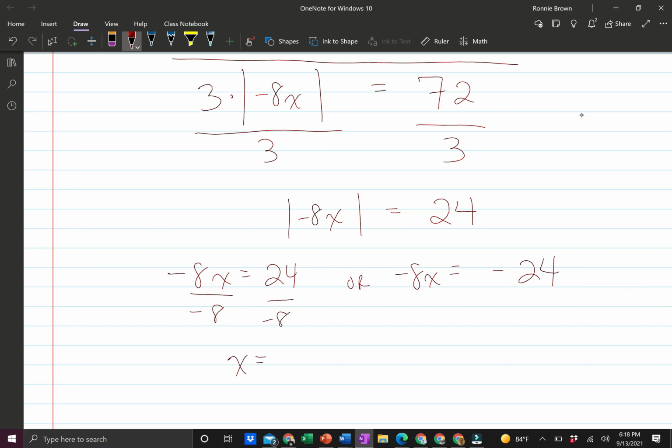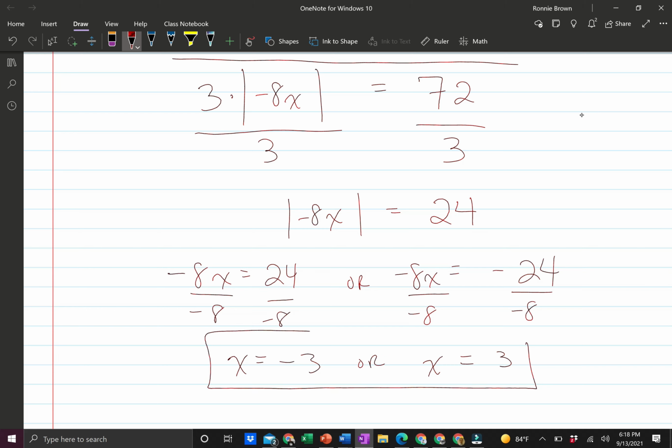So here x is equal to negative 3, dividing by negative 8 here. It looks like that x is equal to positive 3. All right, and that all started because we wanted to get rid of what was in front of or after the absolute value symbol, and then we applied what we learned.